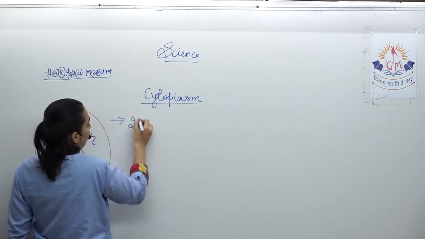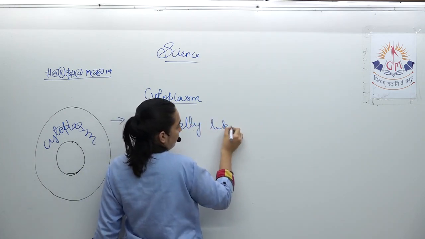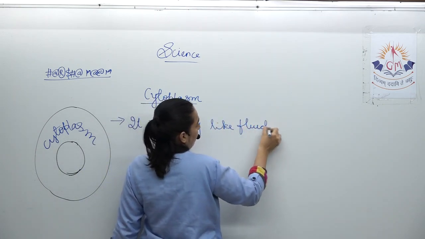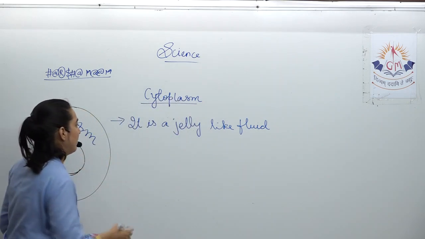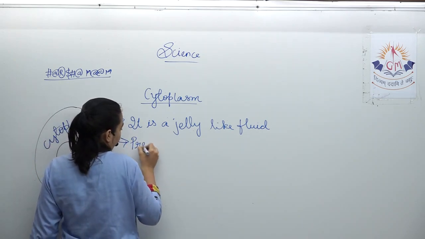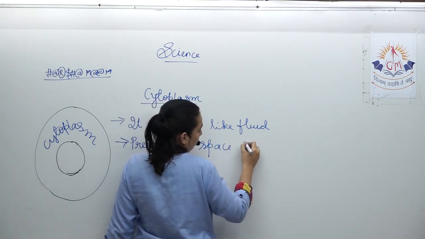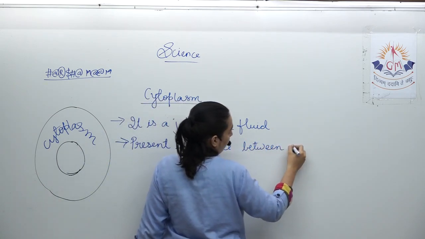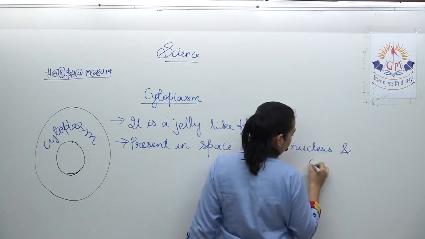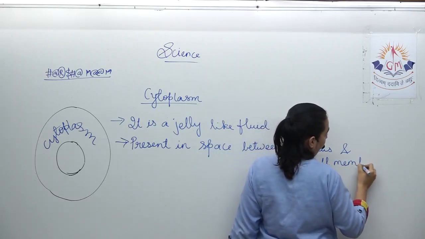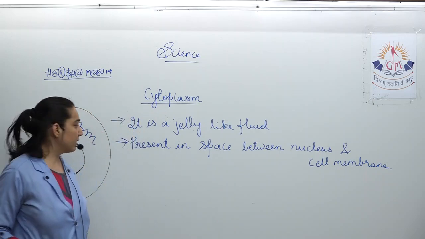First of all, what is it? It is a jelly-like fluid. And where is it present? In the space between the nucleus and the cell membrane.